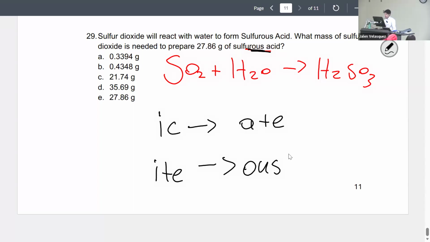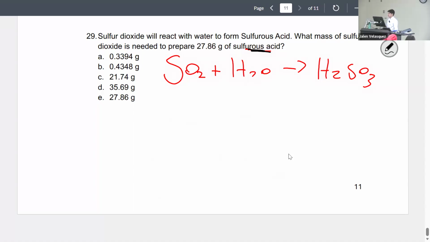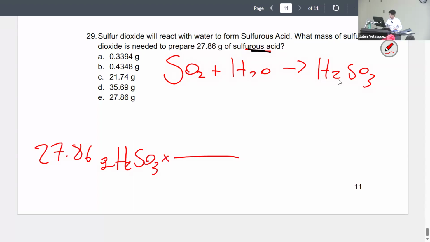Okay, so this equation is already balanced, right? So I want to know what mass of sulfur dioxide is needed to make 27.86 grams of the sulfurous acid. So let's do that. So my mass of the sulfurous acid, grams to moles.